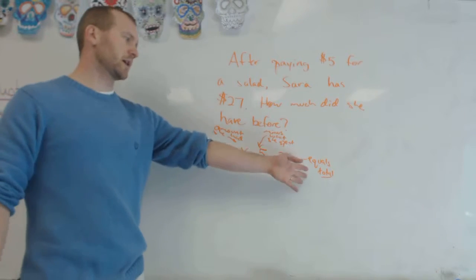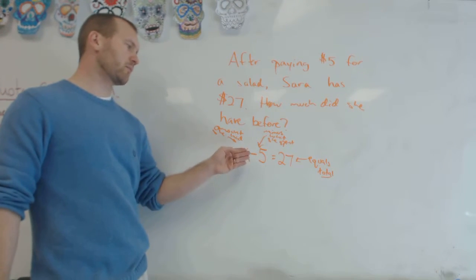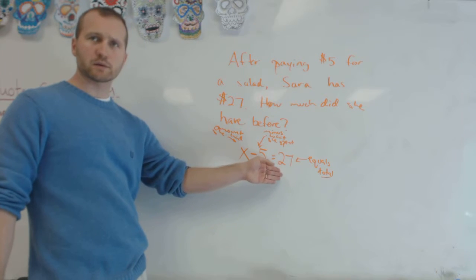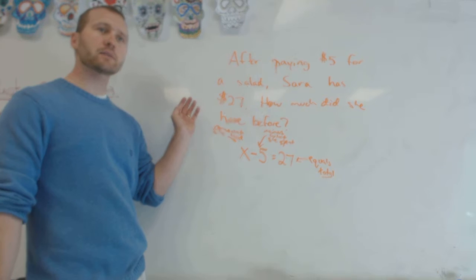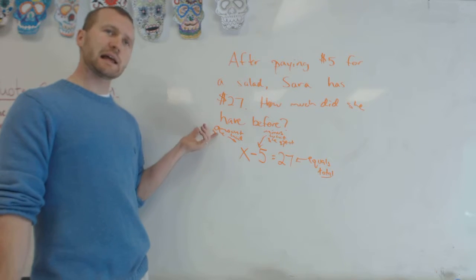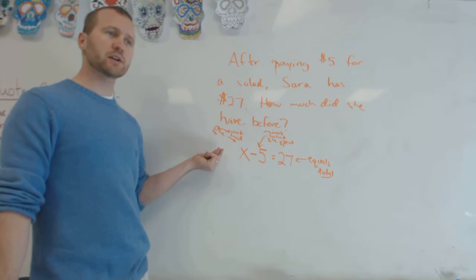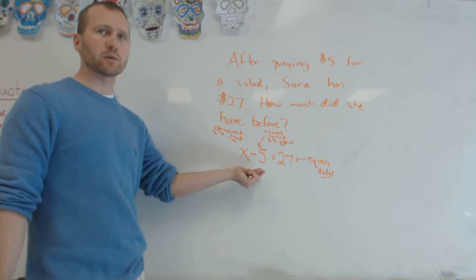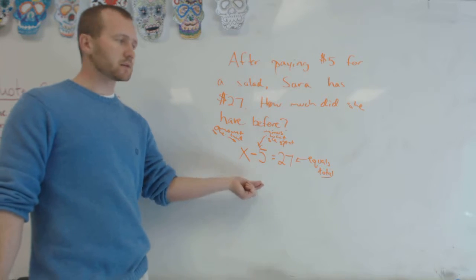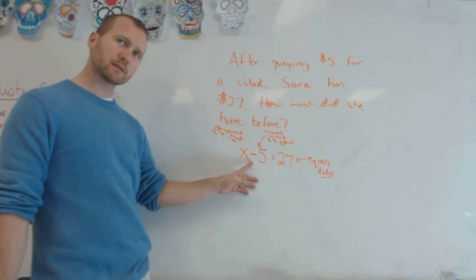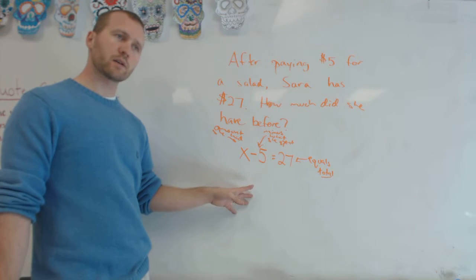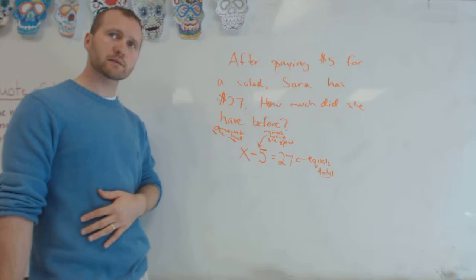That equals how much she has now. So the amount she started with minus what she spent equals it. Whereas the other problem we just did, it was the amount he had plus how much he earned equaled how much he has now. So when you're spending money, it's going to be minus. When you're earning money, it's going to be plus. Right?